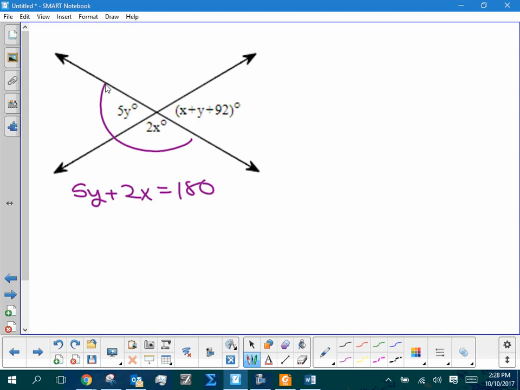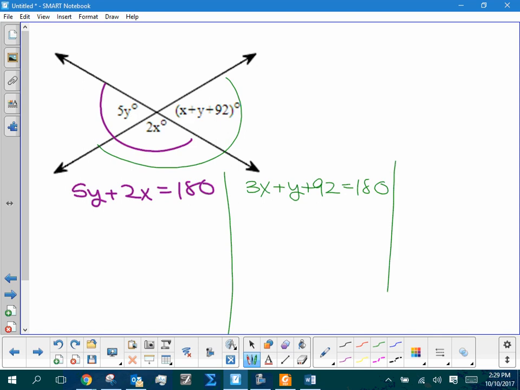So what we need to do is recognize another relationship. And my hope is that you see that that is another relationship, right? What can you say about those two things? Okay, add them together, equal 180. So 2x plus x gives me 3x plus y plus 92 is equal to 180, right? So now we got a second equation.